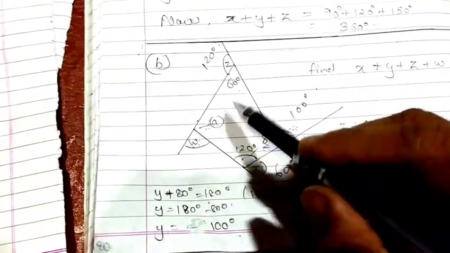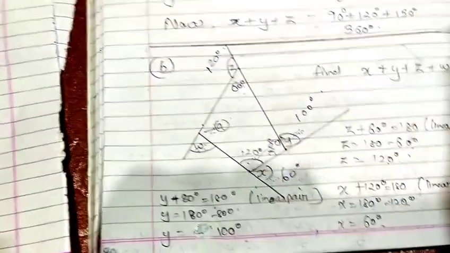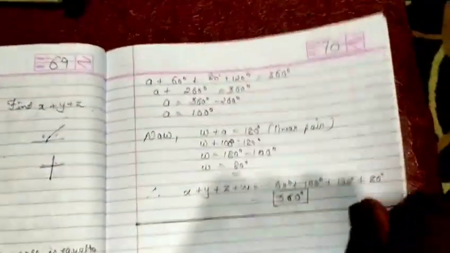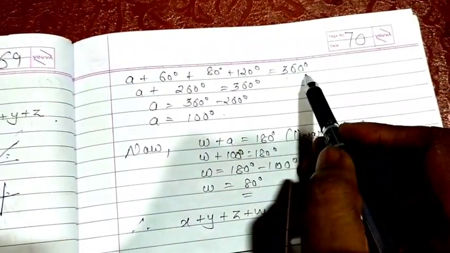So I will add A plus 60 plus 80 plus 120 equals 360.